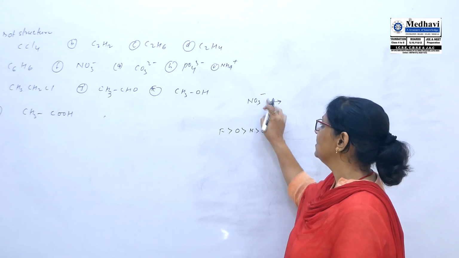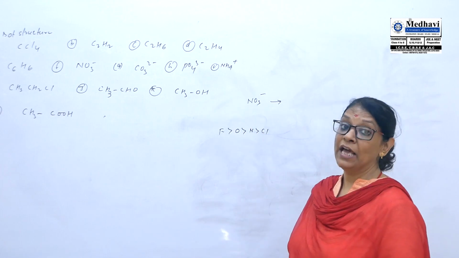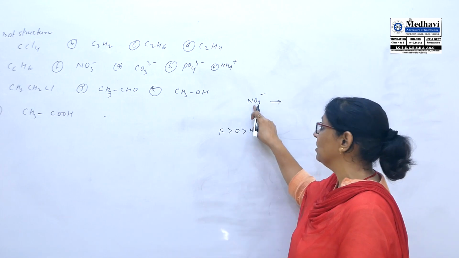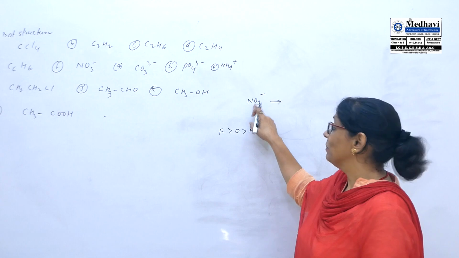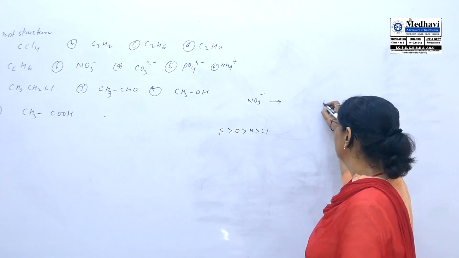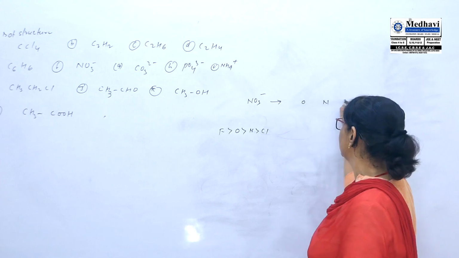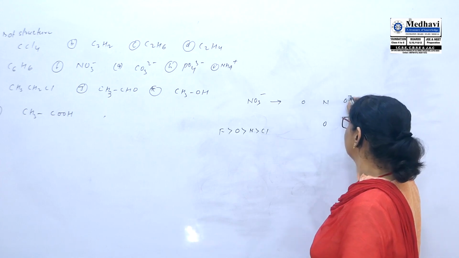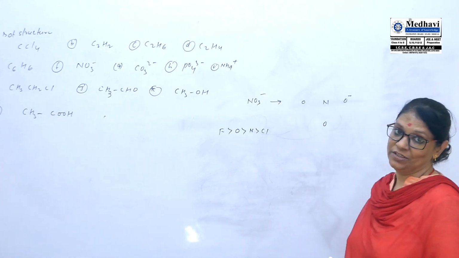Here the negative charge is present over the entire group, but this negative charge will go along with oxygen because oxygen is more electronegative than nitrogen. So central is nitrogen and 3 oxygens are there. Out of 1 oxygen we will put the negative charge.